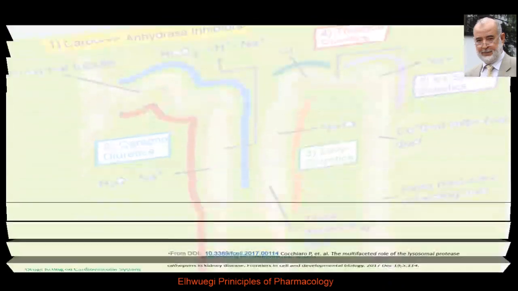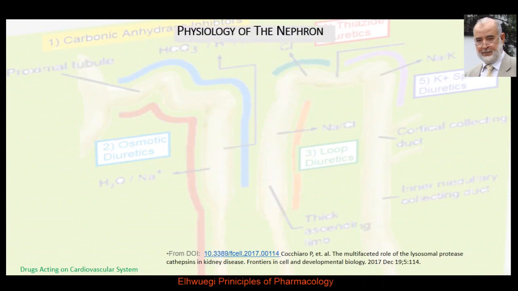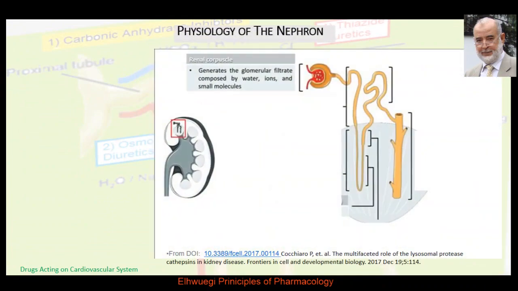So we start first with the general revision about the physiology of the nephron. The nephron is the unit structure of the kidney, where all the functions of the kidney take place.